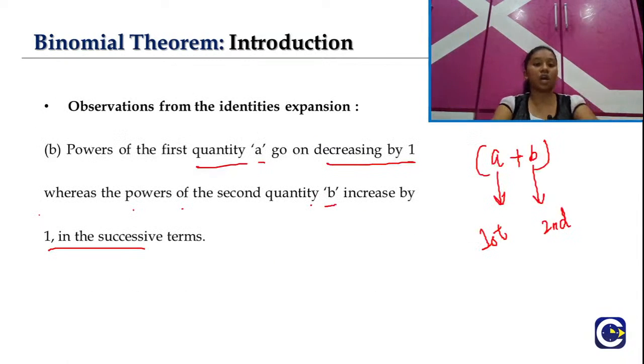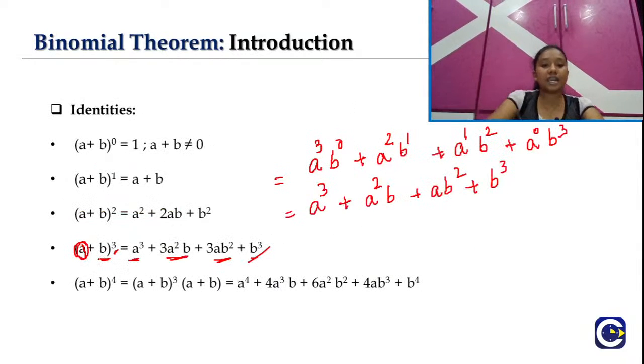Now we are going to deal with our coefficients. These are our two main observations. Amongst these identities, we now have an idea of how many terms there will be for any expansion, as well as what the exponents or powers of the elements will be. Now what is required is the coefficient. We are left with the coefficients.